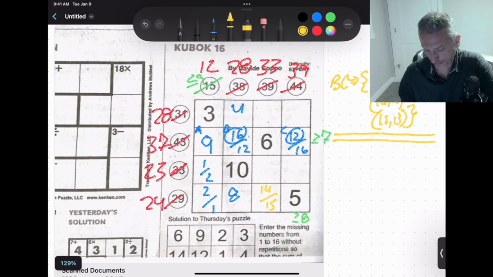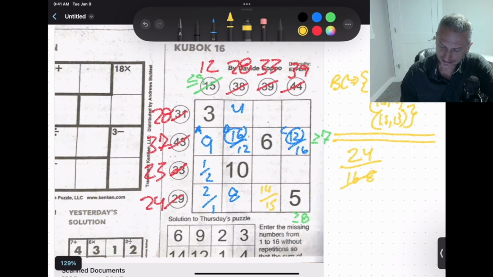Okay. 3, 4, 20. Sorry, 4 is 24. So again, I got that big 24 to get. 16, 8. No. 15, 9. No. 14, 10.